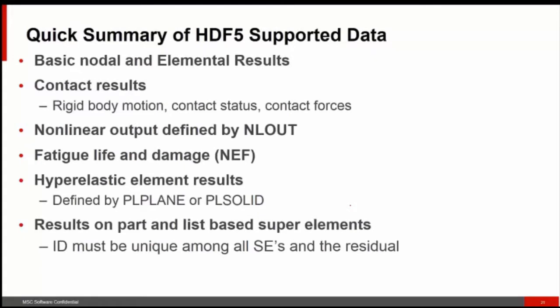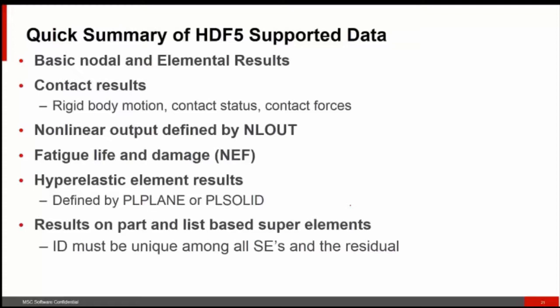So some of the options that are available in the HDF5 are the basic nodal and elemental results, like let's say element stresses, velocity for nodes, or displacement for nodes. Also contact results, including rigid body motion, the movement of the rigid body, the contact status, contact forces.